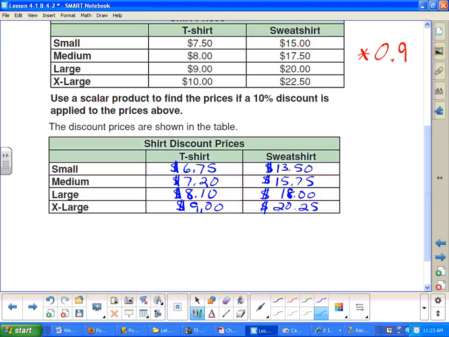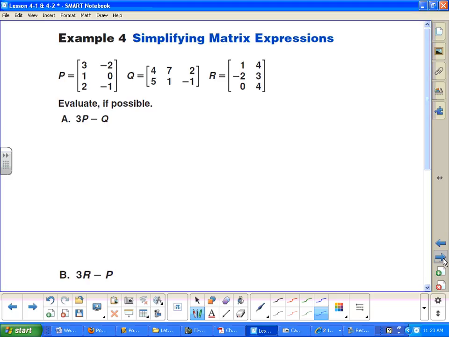All right, one more. So we're going to take matrices, add them and subtract them, but also do some scalar multiplication at the same time. So here we have three matrices that we're going to do a little bit of work with, adding, subtracting, and some scalar multiplication. The thing you want to make sure of is that whenever you're doing this, you do the scalar multiplication first, and then do your adding or subtracting.